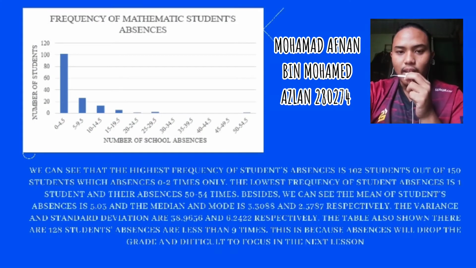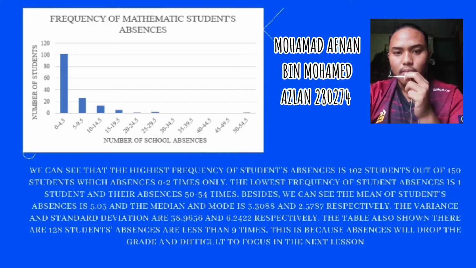We can see that the highest frequency of student absences is 102 students out of 150, who were absent 0 to 2 times only. The lowest frequency of student absences is 1 student, who was absent 40 to 50 times.